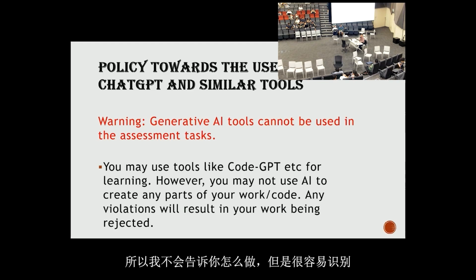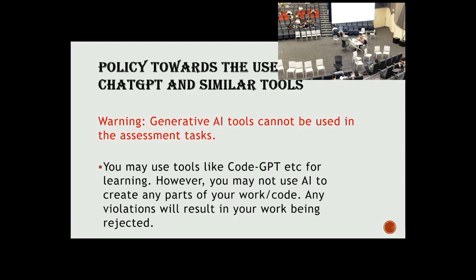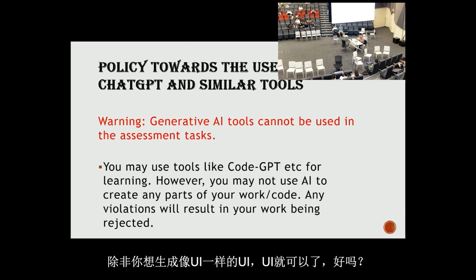So I won't tell you how, but it's very easy to recognize if you know the tricks, okay? And any violations will result in your work being rejected, okay? So as much as possible, please do your own work. Don't use tools to generate, right? Unless you want to generate, like, UI. UI is fine, all right?